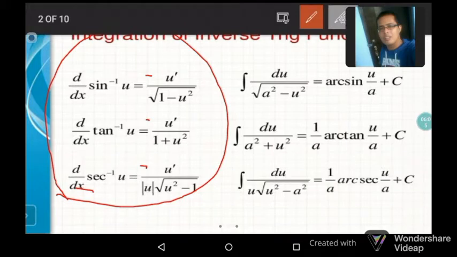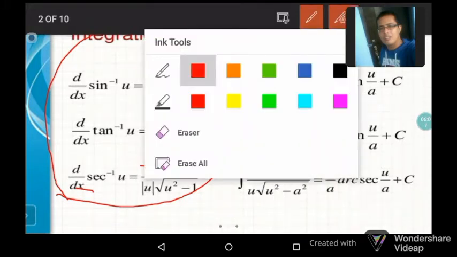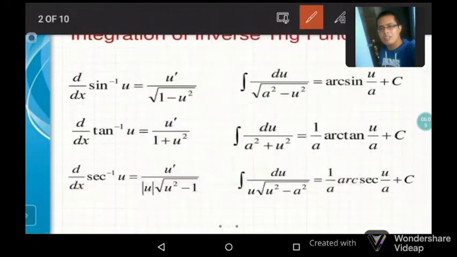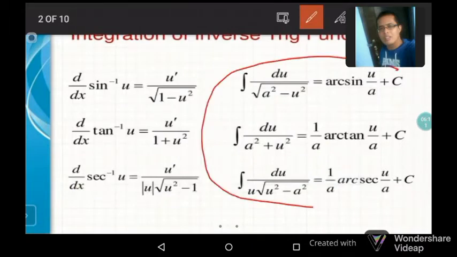Ngayon, sa kabilang side naman, as you can see, these are the equivalent integral formulas for inverse trigonometric functions, no? Nagkataon na yung 1 dito naging a squared. Pero most likely ang a squared natin dito, ang a is a constant.